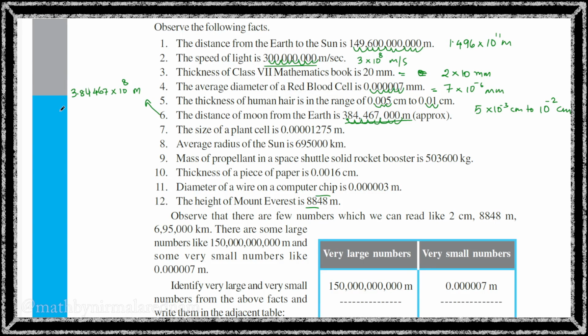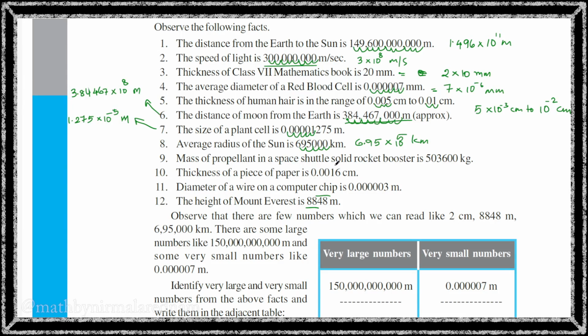Size of the plant cell, the K is 1.275, right? So if I have to place the decimal here, I'm moving 1, 2, 3, 4, 5 places. So minus 5 meters. Okay. And here it is going to be 6.95 into, from here 1, 2, 3, 4, 5, 5 kilometers.